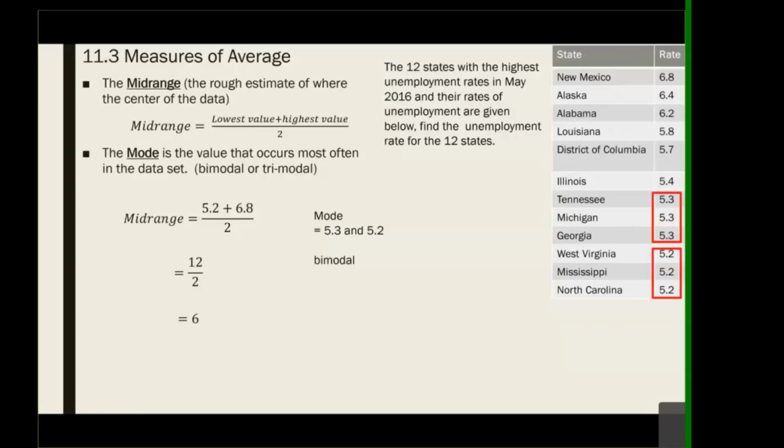If we have 3 modes, we call them trimodal. And if you have 4 modes, well, your data is kind of not good.